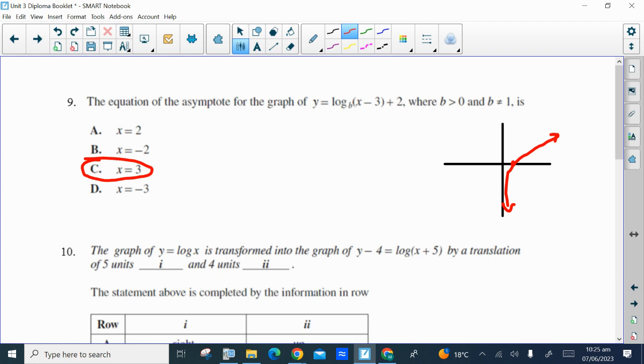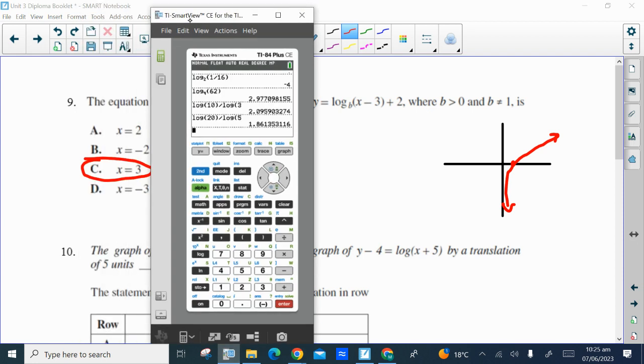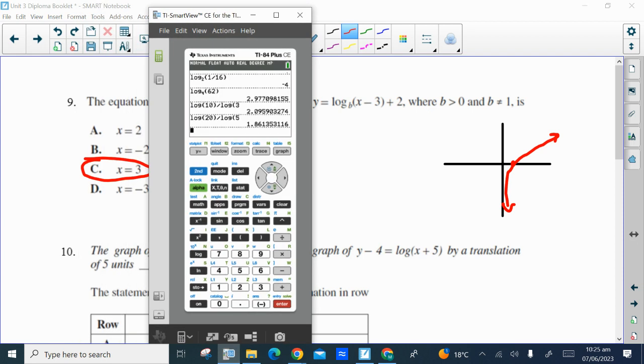And you could put that equation in your calculator to see that. If you go to y equals and you type in, now we can use our log function here, log base, well, we don't have the option of putting a b in there, so we can just make up any base we want.